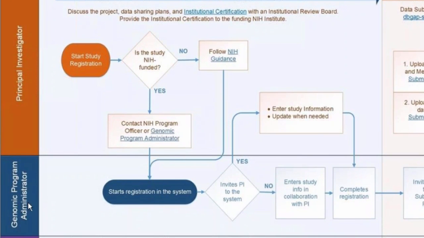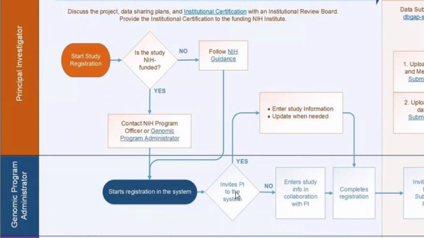The Genomics Program Administrator, GPA, starts the registration in the system. It's an online system where they can enter study details. And this process has kind of two modes. One where the GPA enters everything and completes the registration without involving the PI. But the PI does need to collaborate and provide the information that needs to go into the registration.